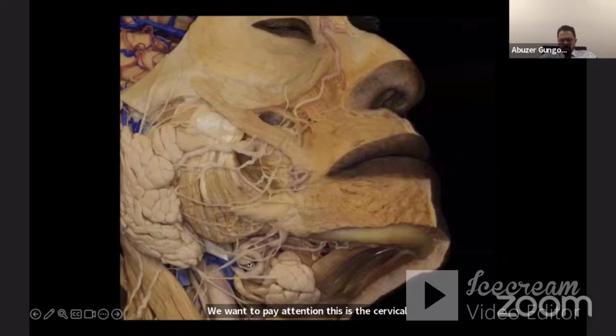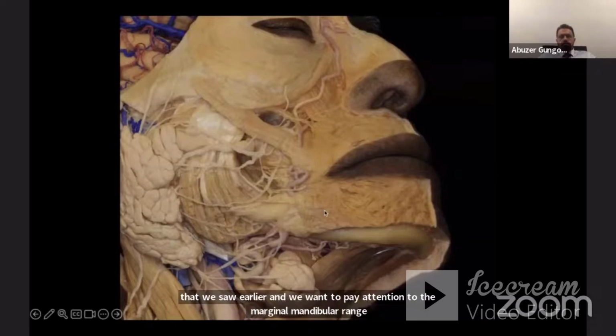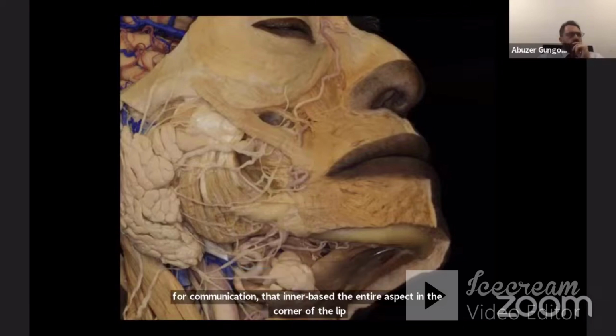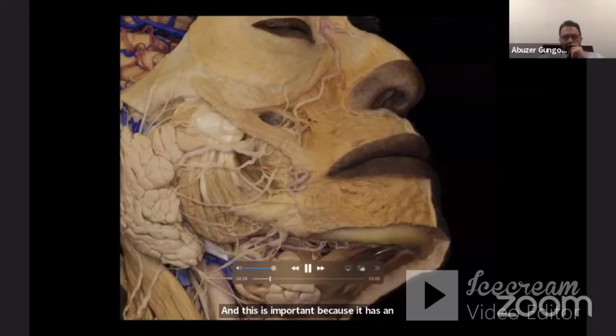And we want to pay attention to the marginal mandibular branch, also part of the facial nerve, that innervates the inferior aspect and the corner of the lip. This has an important surgical significance in head and neck surgery that we are going to see.